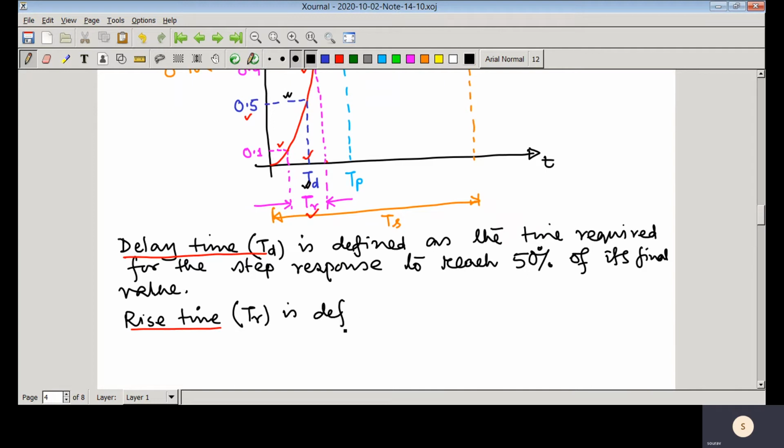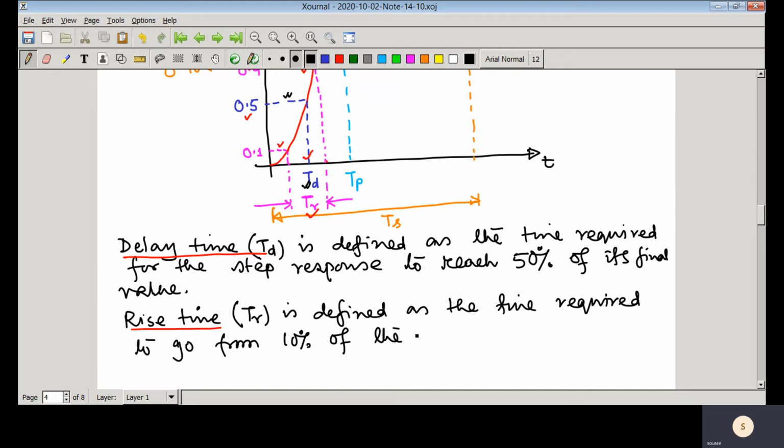as the time required to go from 10% of the final value.